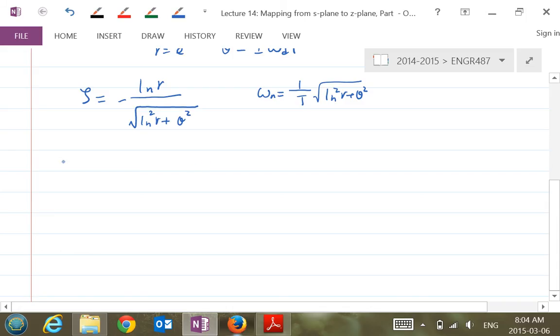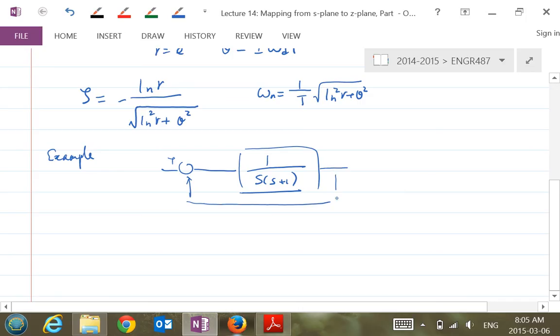Here's a continuous system, with no control, just a feedback.